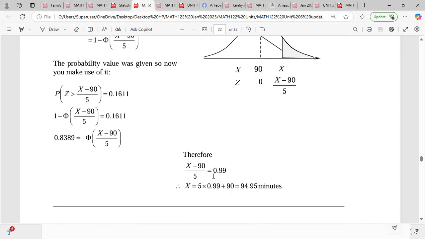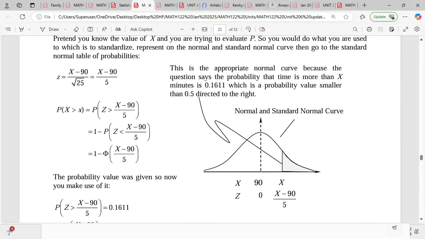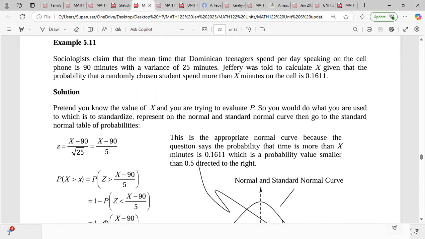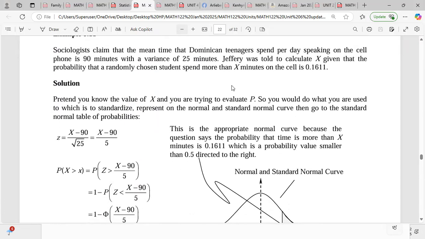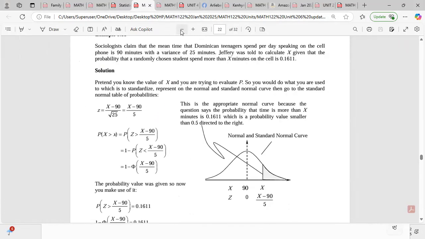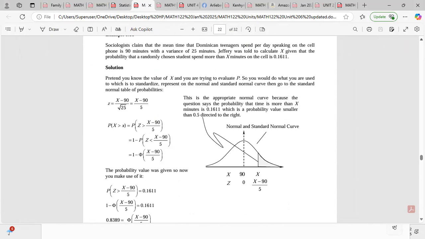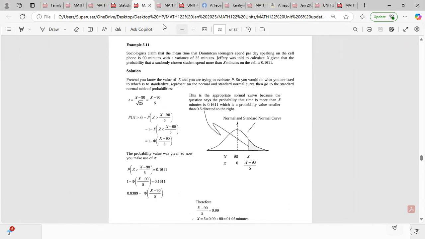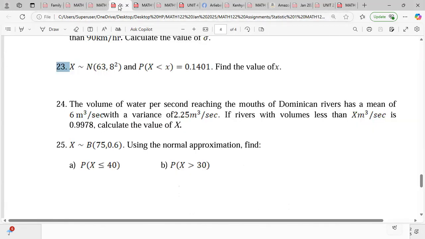So you'll have the negative z and you will solve for x. This example 5.11 you can use to help you solve question number 23.